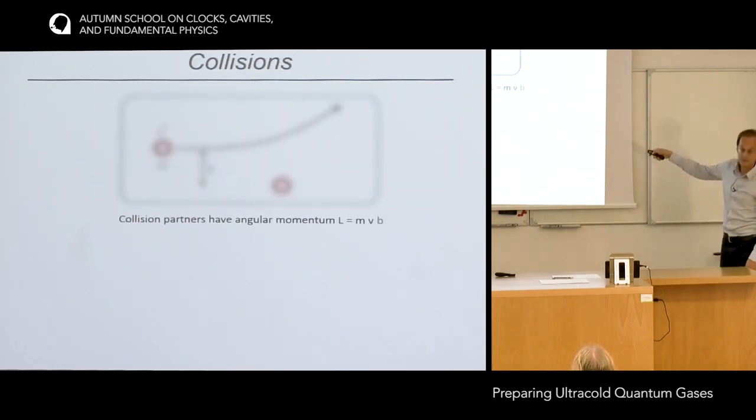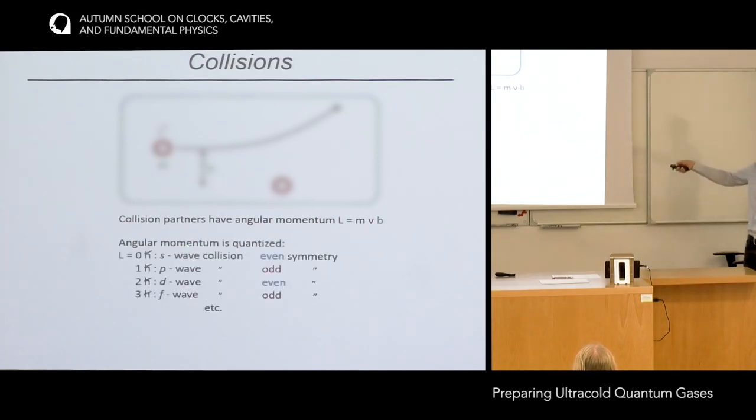So here are just 2 atoms colliding with each other. Here b is the collisional parameter, m the mass, v the velocity, and the angular momentum L is of course mvb here. And this is quantized, quantum mechanics. So we can have here angular momentum zero, an S-wave collision, P, D, and so on. And this determines the symmetry of the collision.